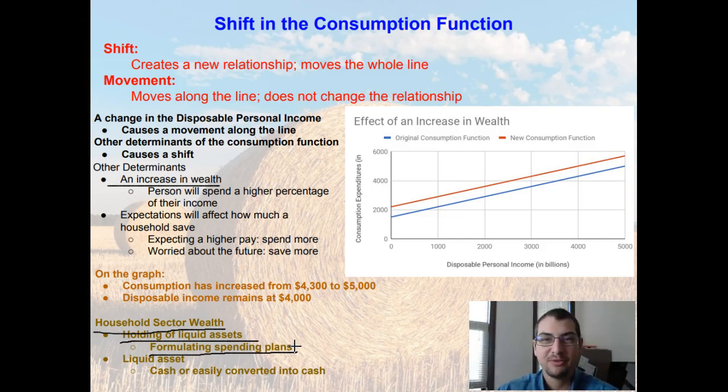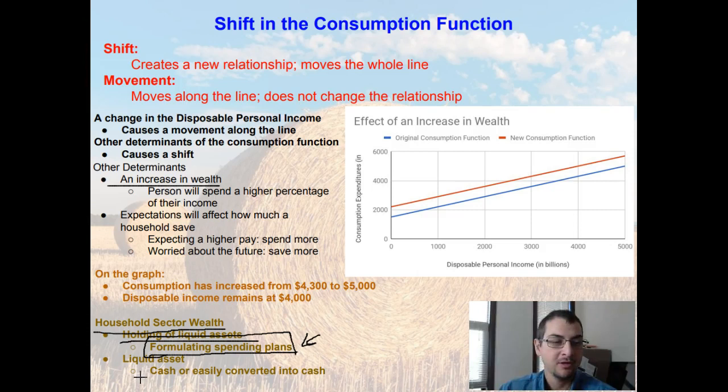So you might be willing to spend more today because you know you have enough in reserve if the future does go bad. If you're a risk-averse person who is worried about the future going downhill, but you've got enough banked in liquid assets, you're not really all that worried about it. So you might be willing to spend more because you have that fail-safe, that safeguard, that trampoline to catch you in case you fall off the high wire.